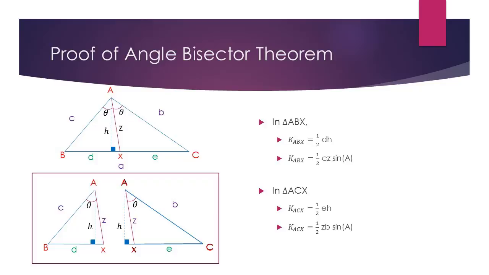So therefore we'll get one area equation will be 1/2 times e times the height. And then we can also, like in the other form, take it from angle A as 1/2 times z times b times sine of A.